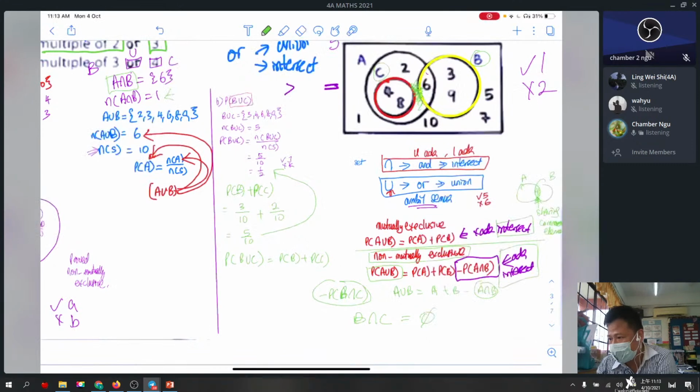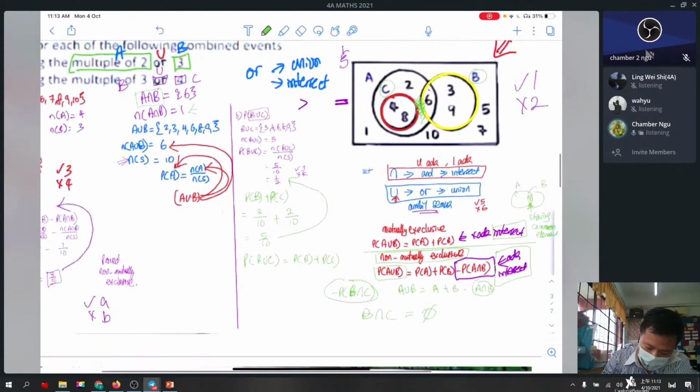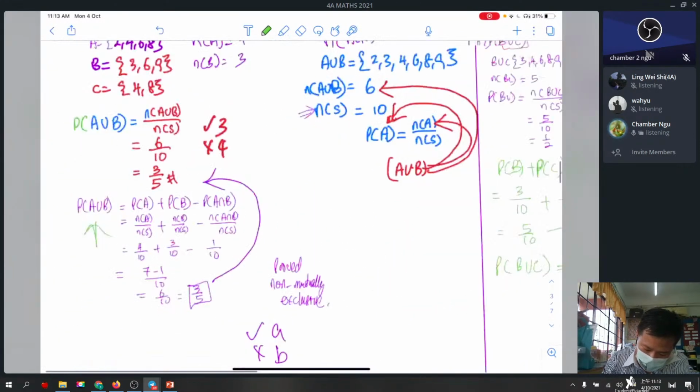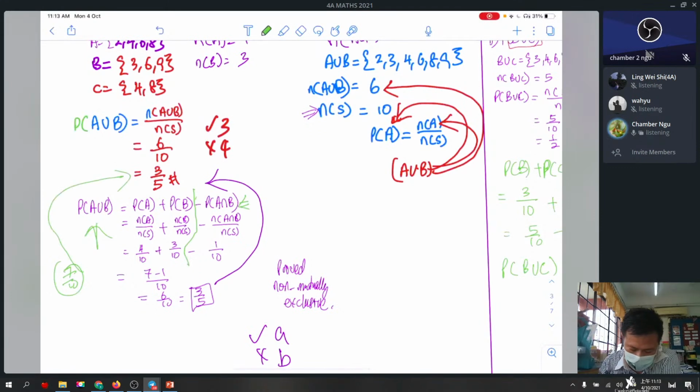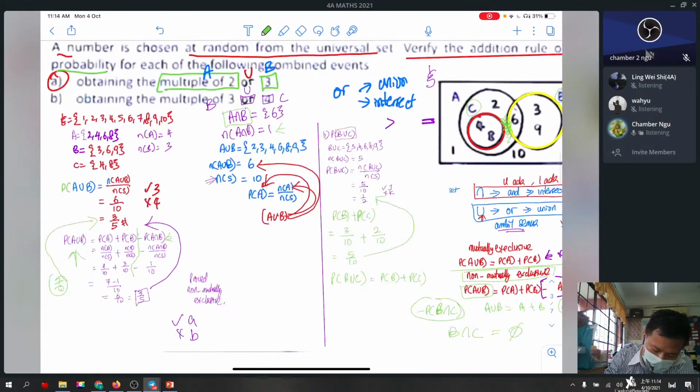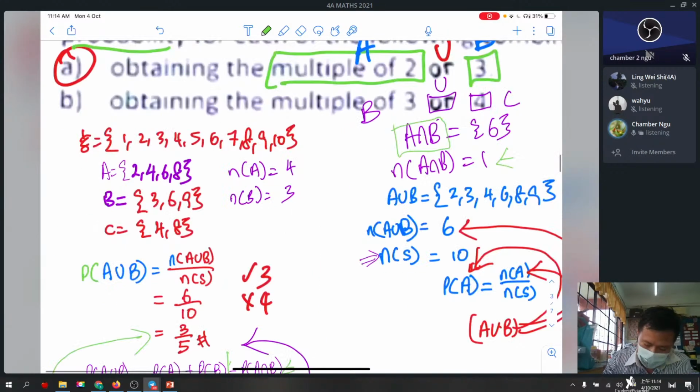会明白吗？这样 Rebecca？明白明白。If in case A you did not minus with this one, you will get 7 over 10. 7 over 10 is not the same as this one. Why? Because number 6, you see this one, A and B. This 6 occurs 2 times.